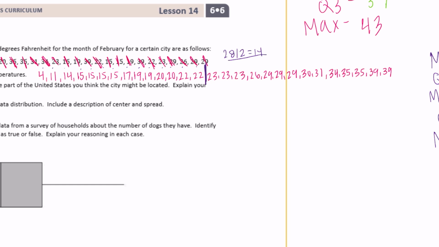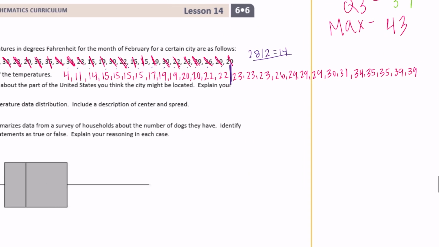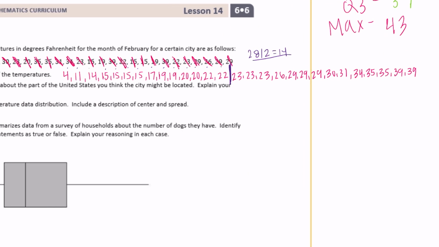So now let's do the crossing out strategy to find quartile 1 and 3. Or we could do it again. We know that there's 14. We could divide it by 2. That's 7, so count to find the 7th one. Let's do one strategy on one side and one on the other. So 14 divided by 2 is equal to 7. So let's count 1, 2, 3, 4, 5, 6, 7. So here's the middle.